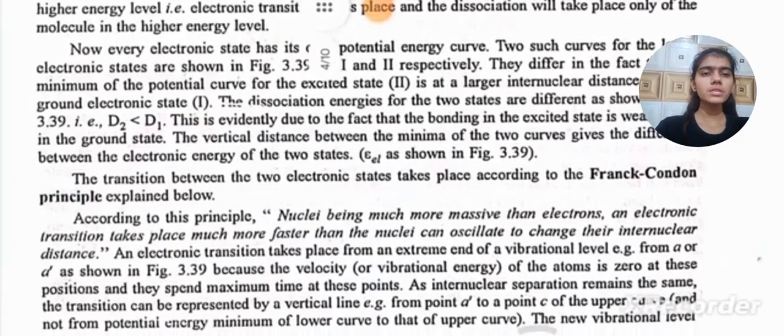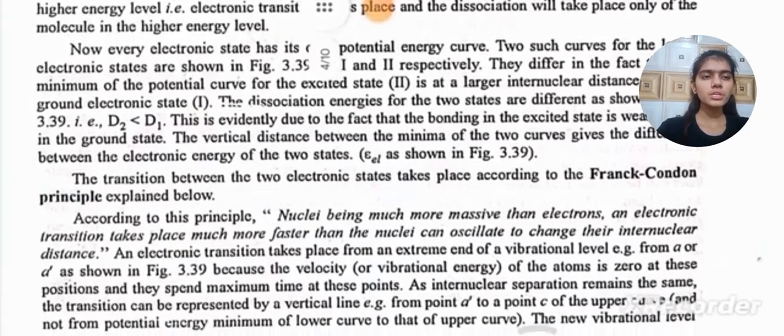An electronic transition takes place from an extreme end of the vibration level, for example from A or A dash as shown in figure 3.39, because the velocity or vibrational energy of the atoms is zero at these positions and they spend maximum time at these points.